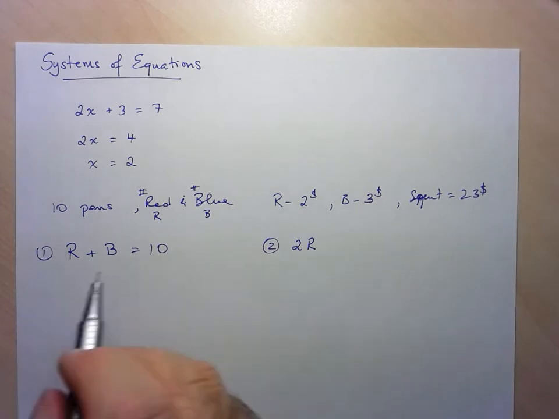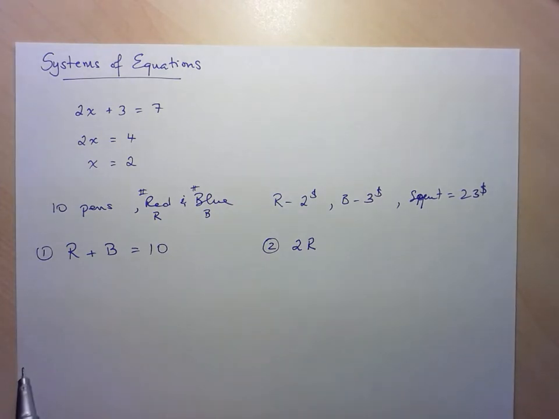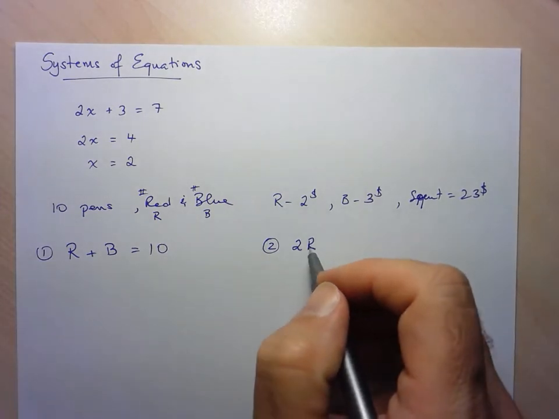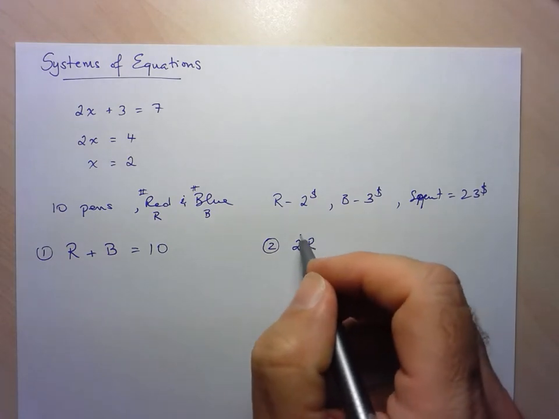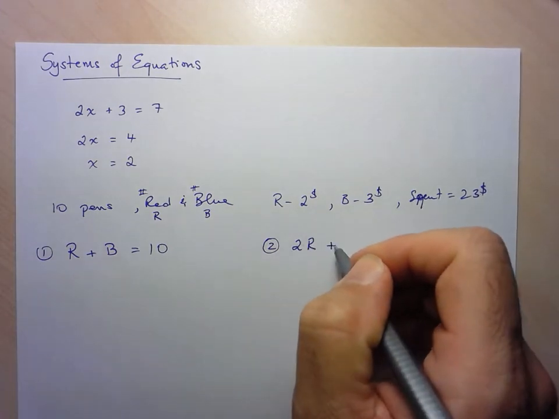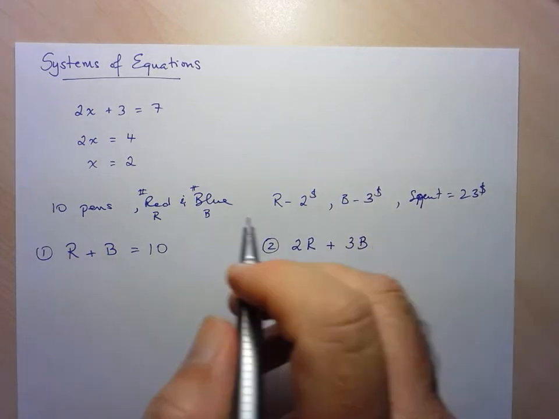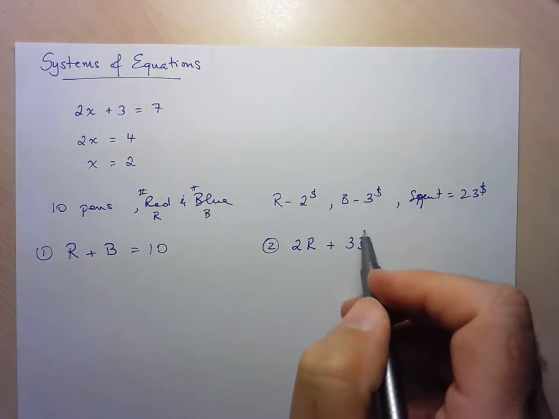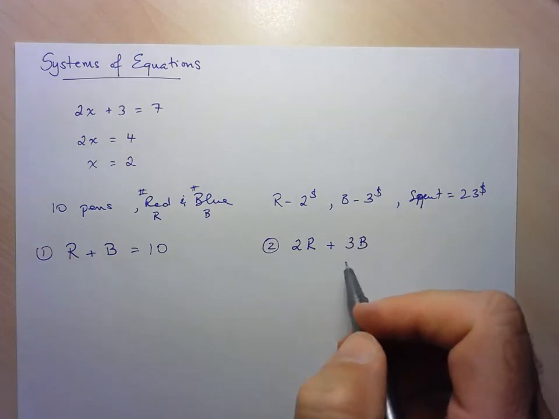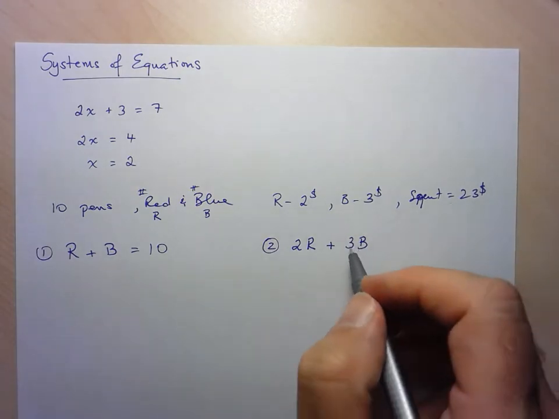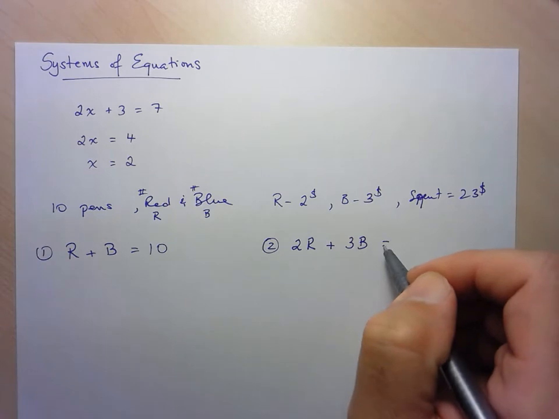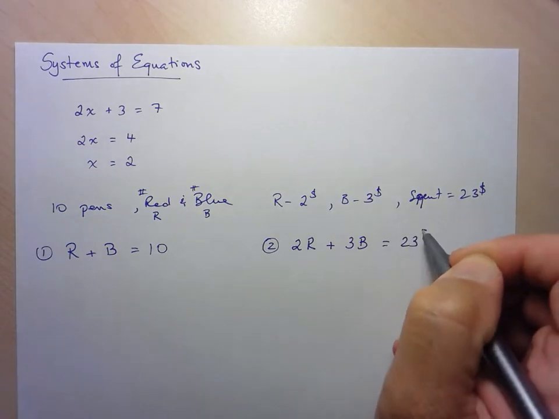I want to always work with the same variable in each equation. So 2 times R gives me the total that I spend on the red pens, plus $3 for each blue pen, multiplied by the number of blue pens. This gives me the amount I spend on the blue pens, and I add these two to get the total that I spend, which is $23.